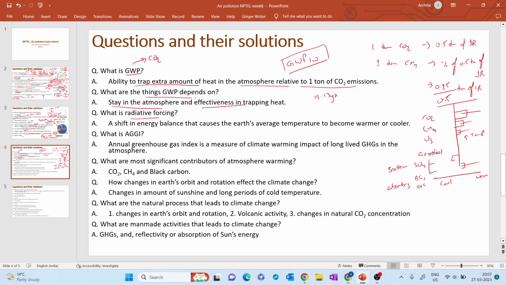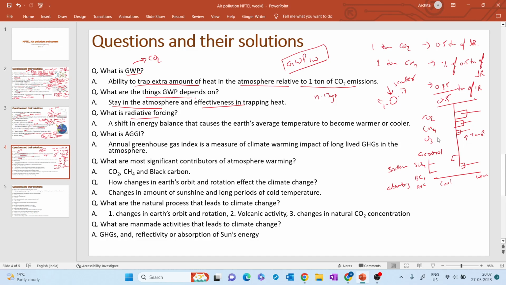The light hits the particle, reflects back, or scatters in all directions. So it goes in a different direction, it does not enter the particle. That is why the particles which scatter lead to more cooling of the atmosphere.